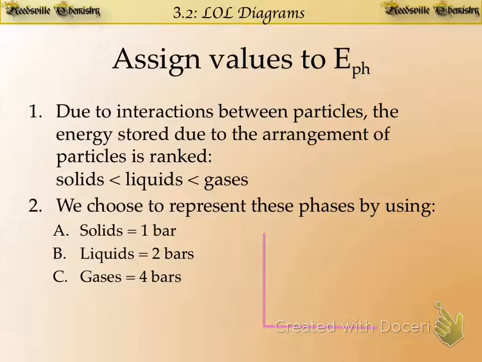Let's say ETH on this side, and then EPH right here. EChem would be to the right of these two, but we're not going to put it in. And then we've got these bars, 1, 2, 3, 4. Now we're just talking about E phase. If we've got a solid, the bar that associates with the solid is only going to be that tall. It's only going to have 1 bar. A liquid would be 2 bars.